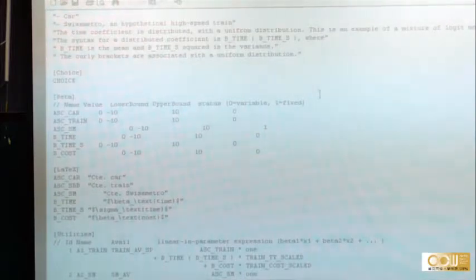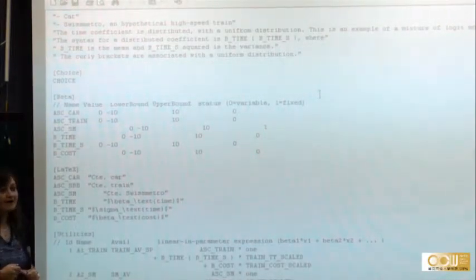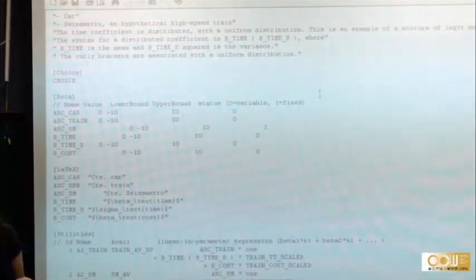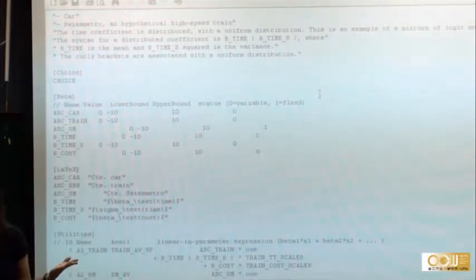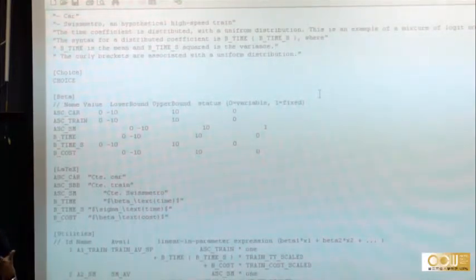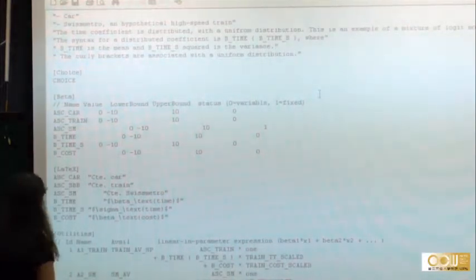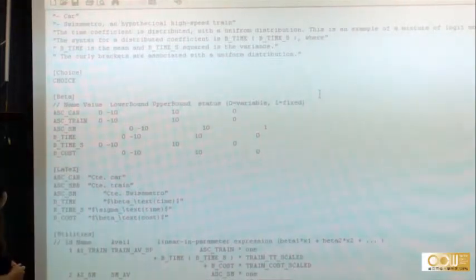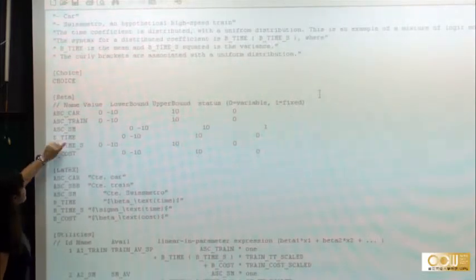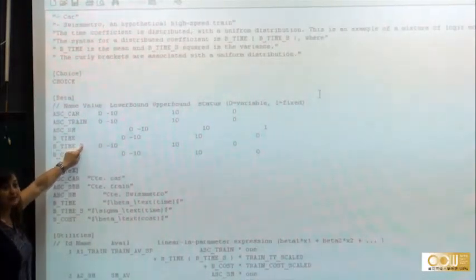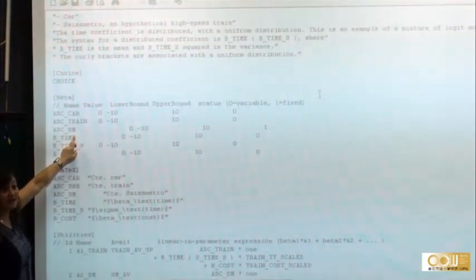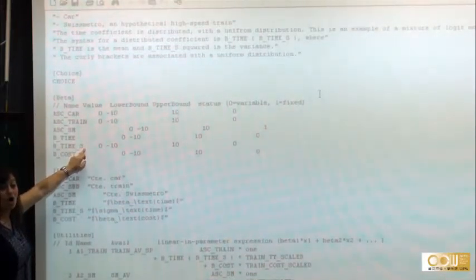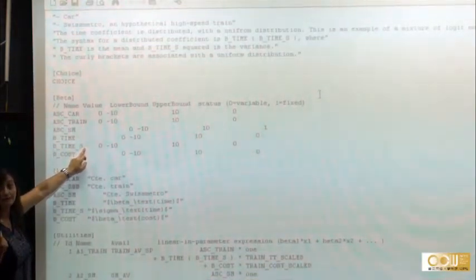Given that the normal is empty, I don't know why. Let's see how it does a mixed logit. So this is mixed logit with uniform distribution for the random variable. You see that you need to estimate a beta, a mean and a standard deviation of the variable.